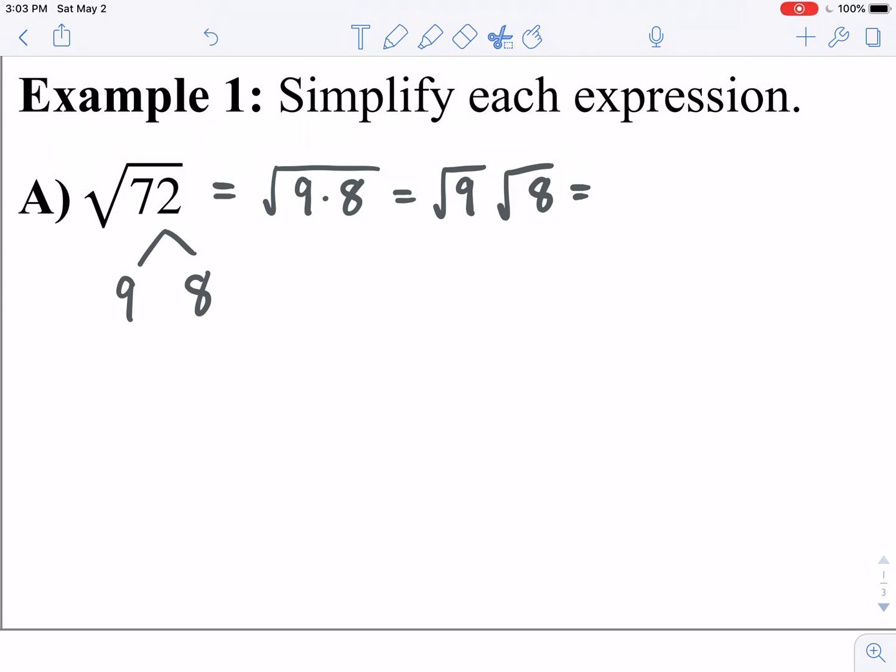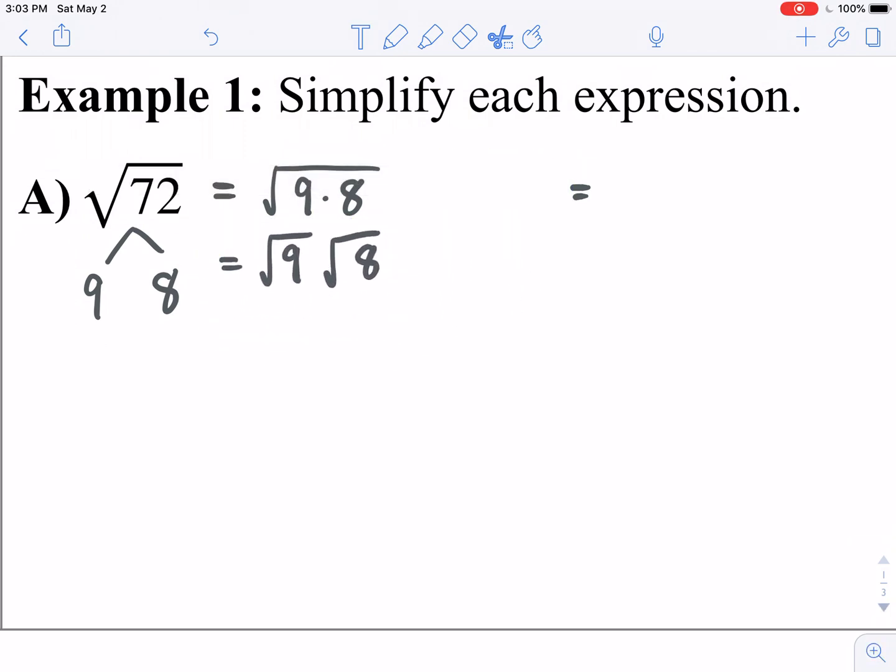You know what? I think I'm going to write this vertically. I think that will help a lot. Okay. There you go. So the square root of 9 is 3. But 8 can still be broken up into squares because 8 is equal to 4 times 2. And 4 is a perfect square.